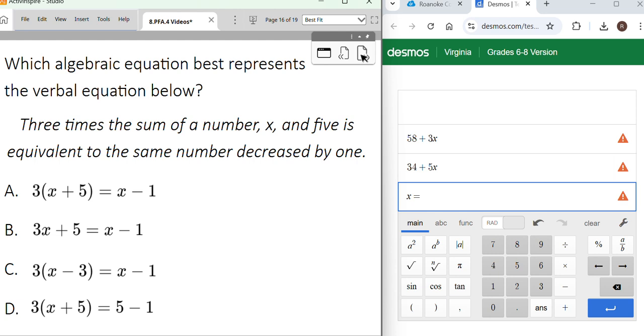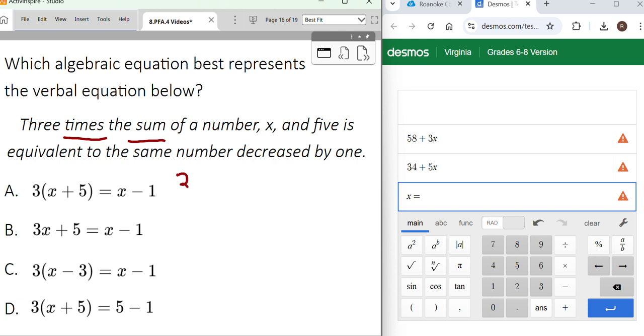Which algebraic equation best represents the verbal equation? All right, let's see what we can do. 3 times the sum. Okay, we need to talk about something. When you have two operations in a row, times and sum, which times is multiplication and sum is adding, that means you need parentheses.